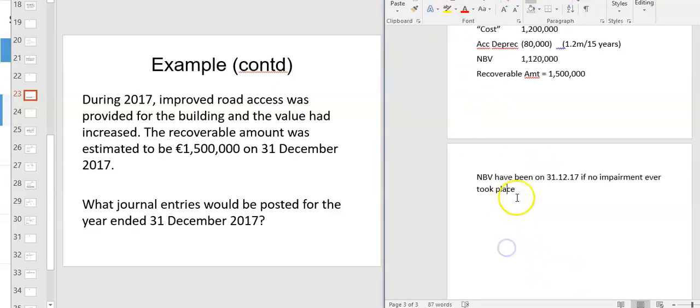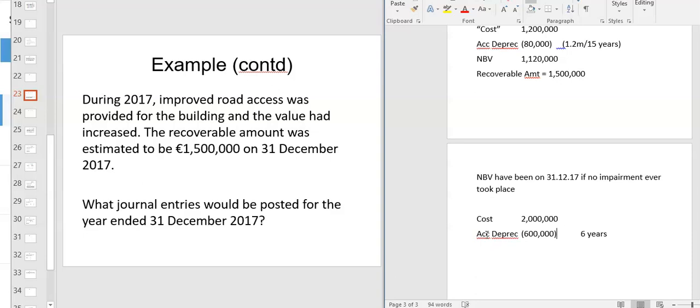So we're looking at the cost was 2 million and accumulated depreciation. If it was to the end of 2017, be careful, you will have 6 years, which is going to be 600,000. So we're saying this is what the position would have been if you never impaired in the first place.